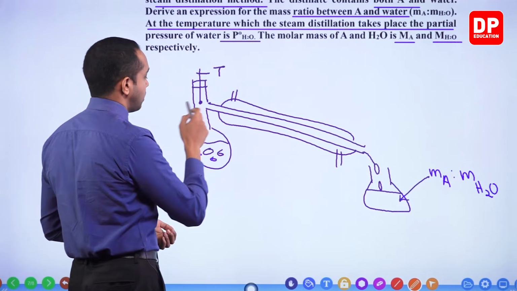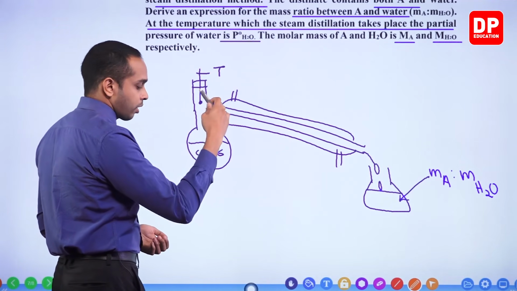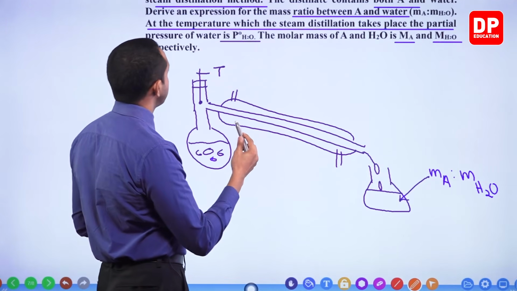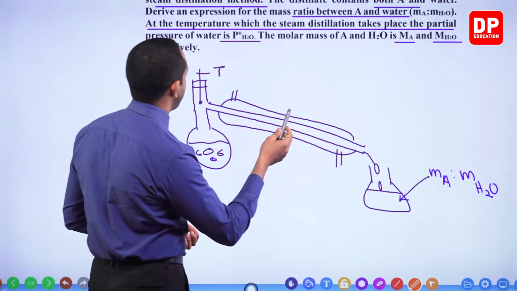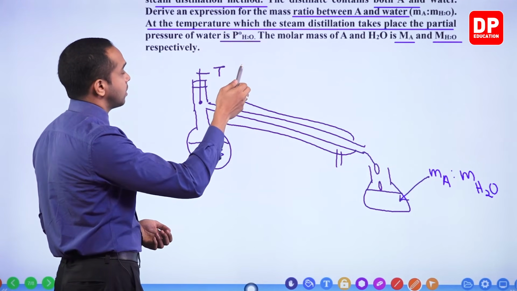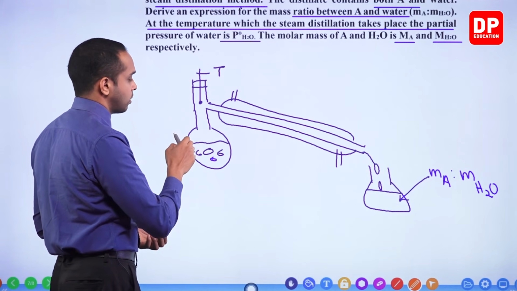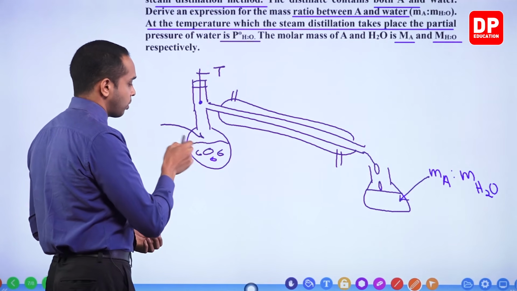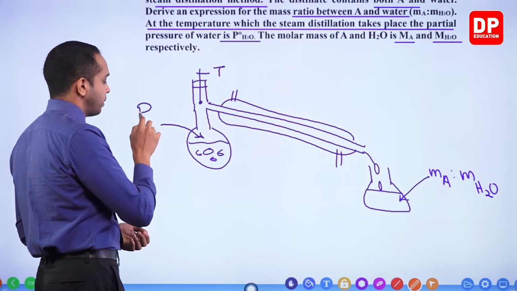So at that temperature, they say the saturated vapor pressure of water, right? The partial pressure of water vapor is basically going to be the saturated vapor pressure of water, and the saturated vapor pressure of water over here is P0_H2O.